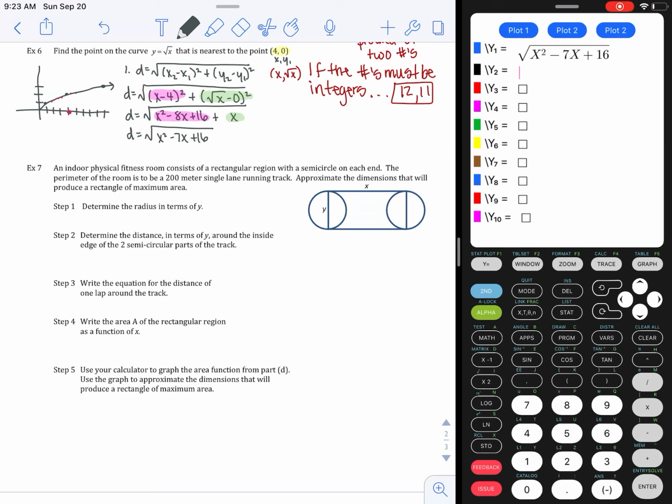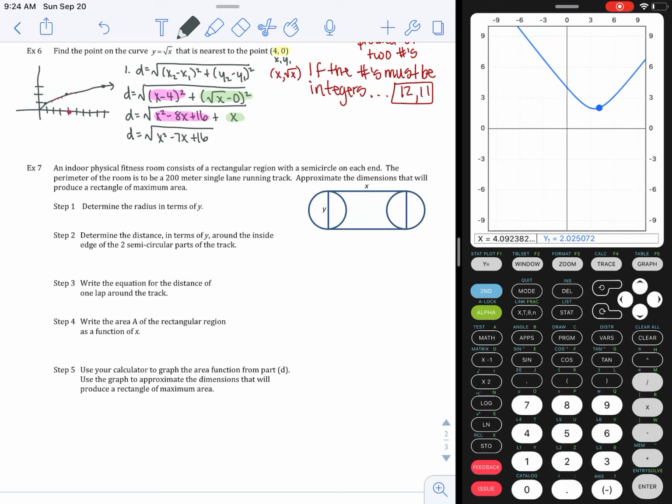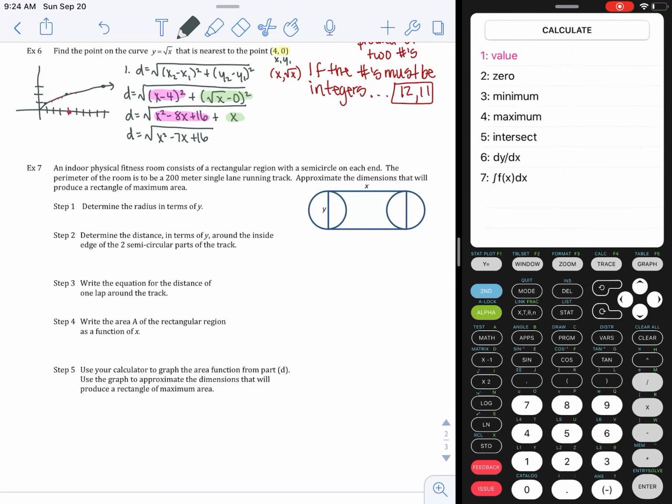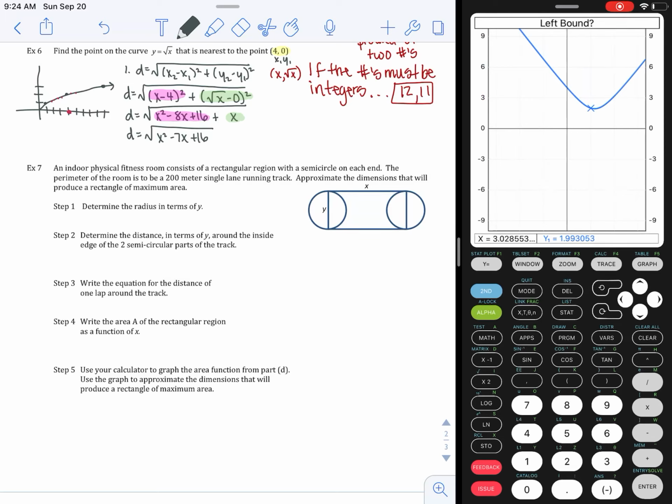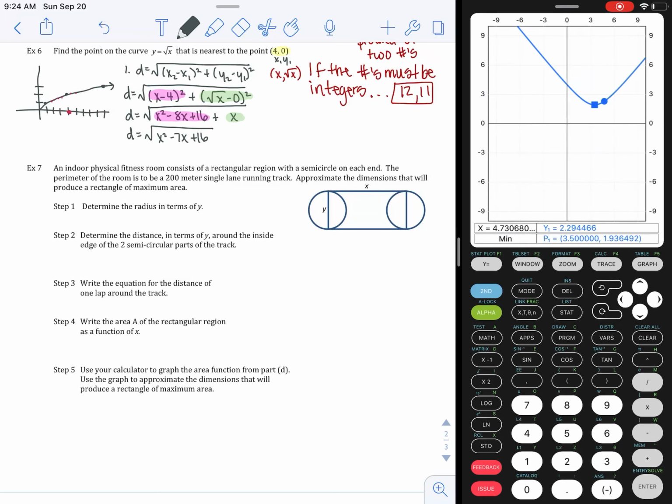So I'm going to find the minimum point. So once you graph it, let's hit our minimum, second trace number 3, the left bound, the right bound, and I get this point of 3.5, and then there's 1.93 and goes on.